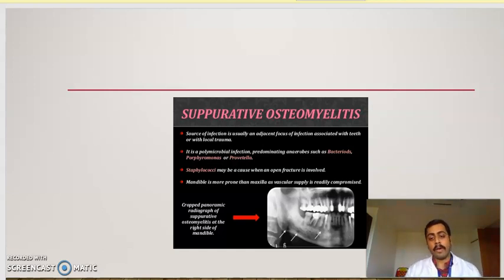It may be bacterial, viral, or fungal, in which anaerobes such as Bacteroides, Porphyromonas, or Prevotella predominate. Staphylococci may be a cause when an open fracture is involved. Mandible is more prone than maxilla as vascular supply is readily compromised. Now in the panoramic radiograph, you can see a cropped panoramic radiograph of suppurative osteomyelitis on the right side of the mandible.